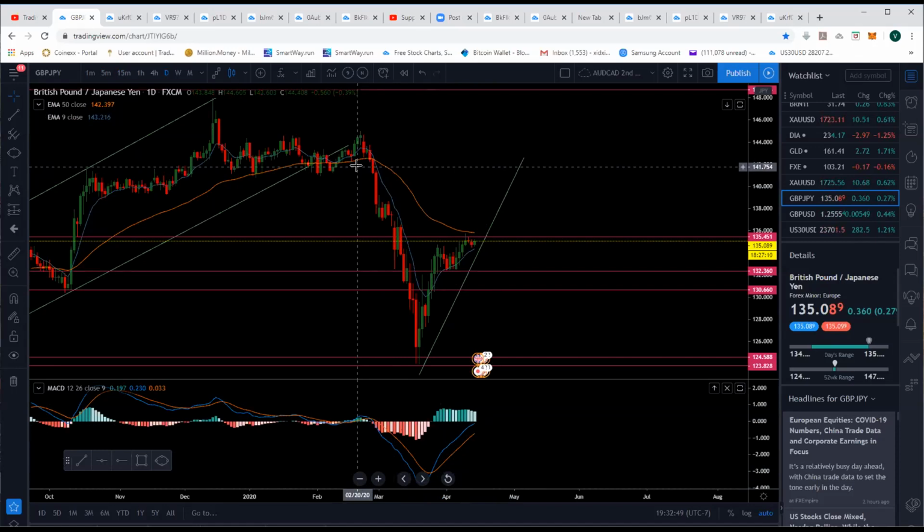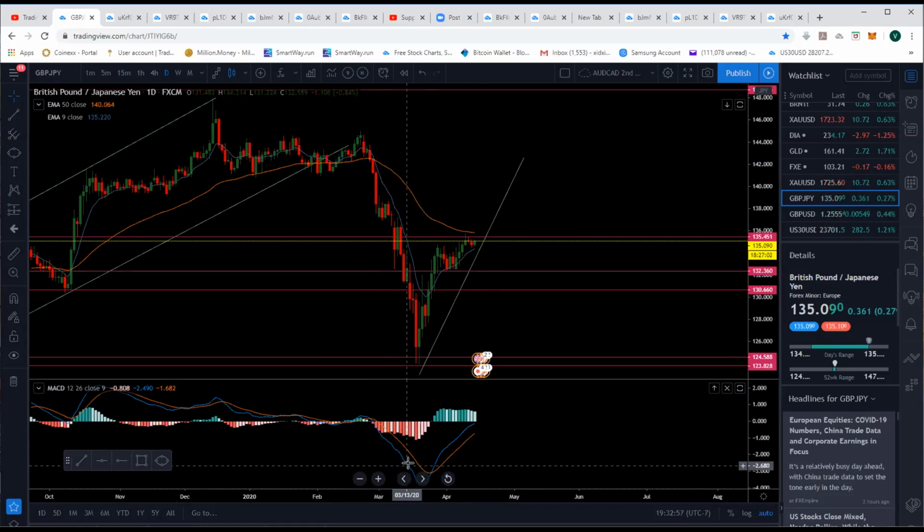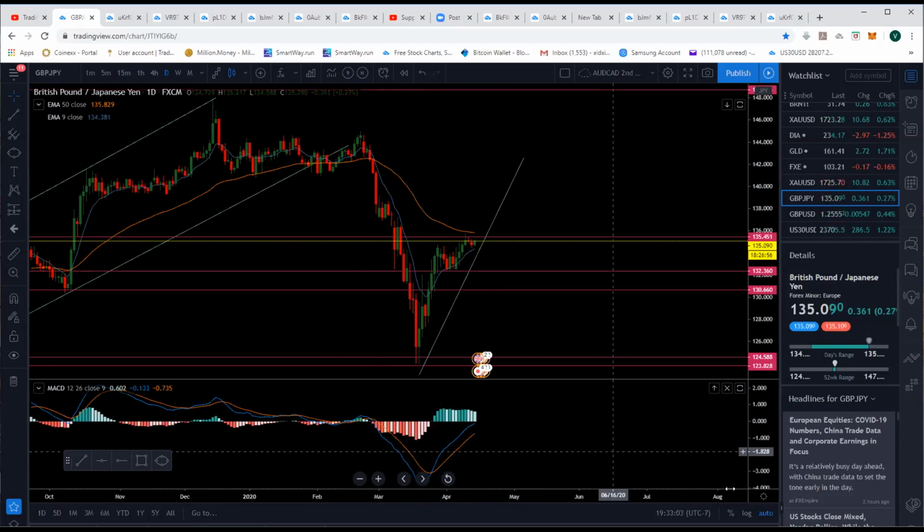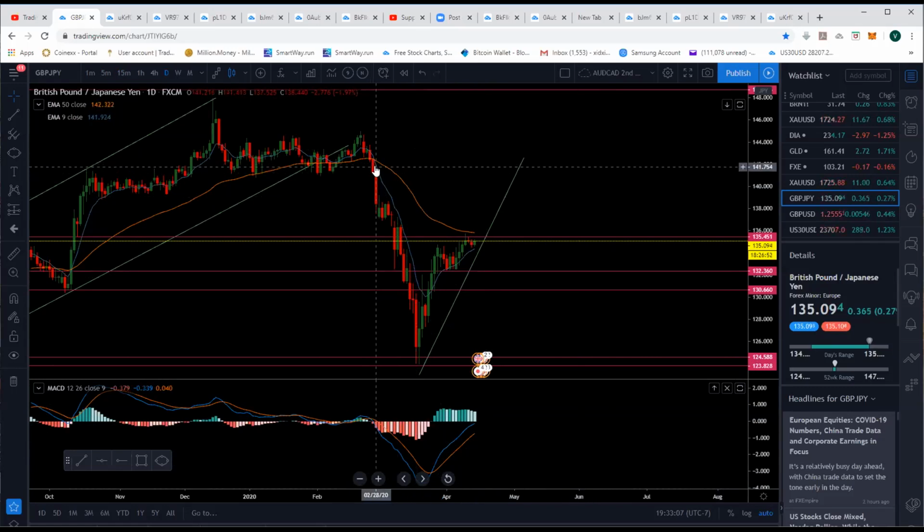That's the other thing too. When this is over, I want you to help me change the color on these signals, because I believe one of these is supposed to be red up here and down here. When you see that the MA, the 50 and 9 cross, so it's on a downtrend.